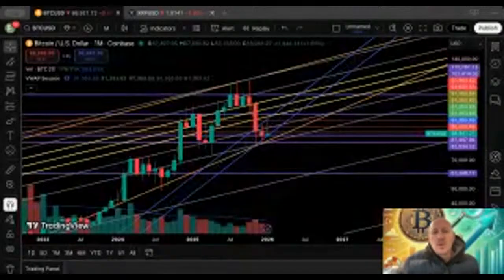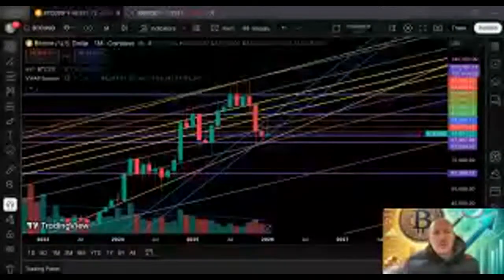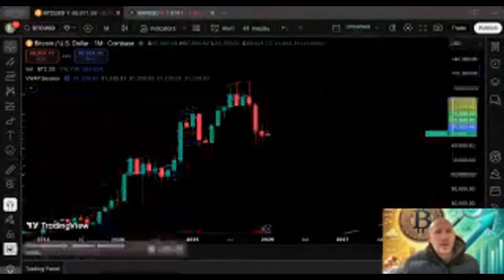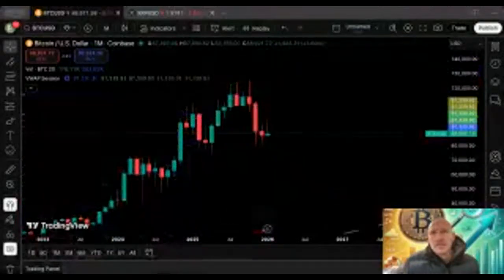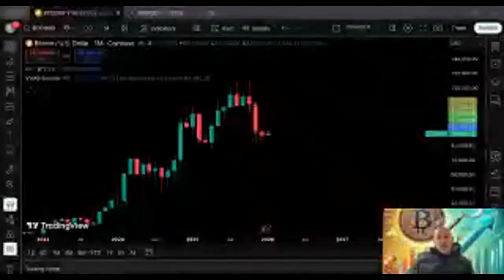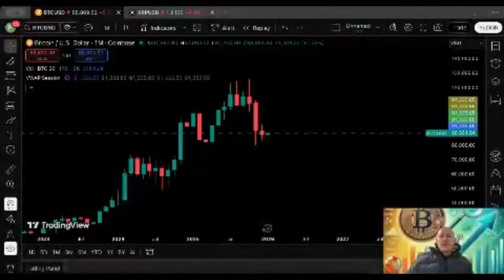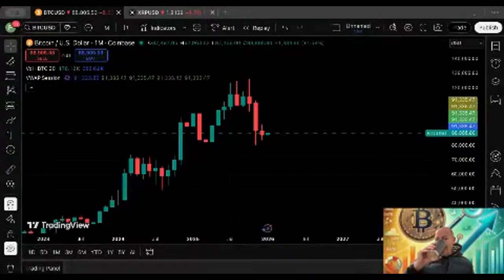So when you pull up the monthly chart and you look at the monthly chart with no drawings, no indicators. Okay, so if you're brand new and you never even looked at a chart before, you open it up and this is what you see.